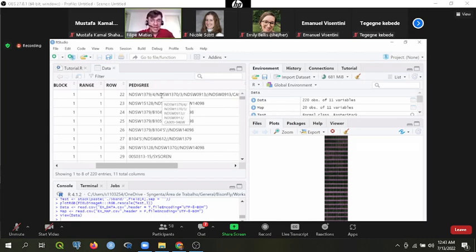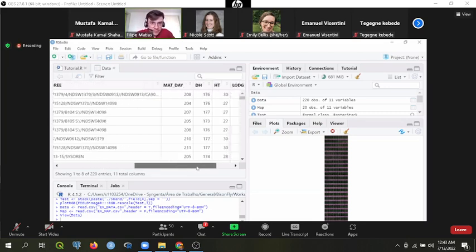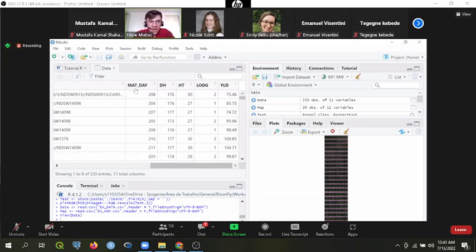So besides having the mosaics, the agronomical information, and the environmental information, you also have the pedigree to play around with. And here are the agronomical traits. We want to combine all this information with the UAV traits that we're going to extract from this image.